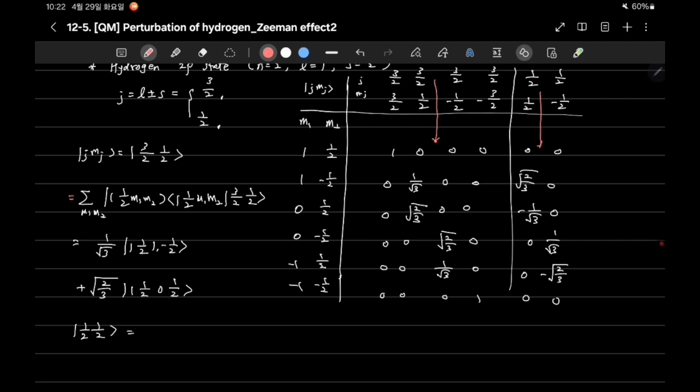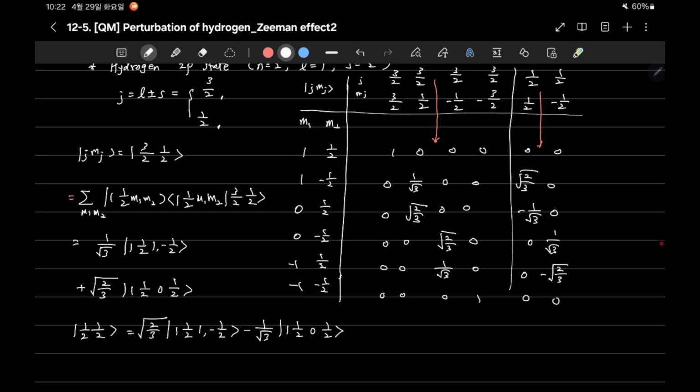So here the coefficient is square root of 2/3, 1/2, 1, minus 1/2, and minus 1 over square root of 3, 1/2, 0, 1/2, like this.